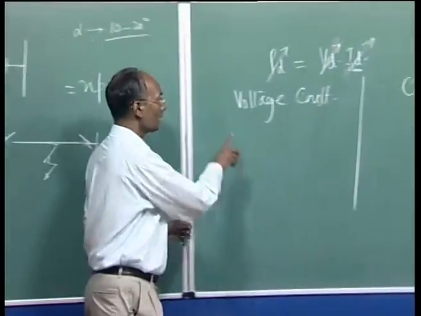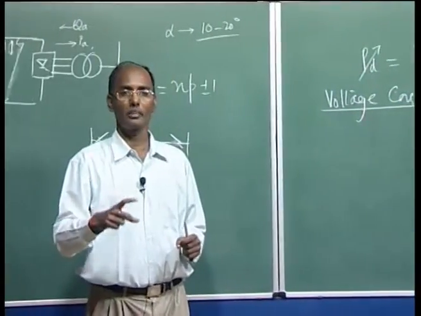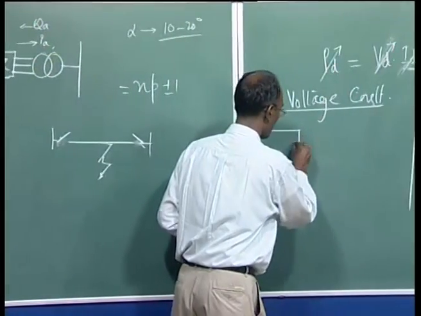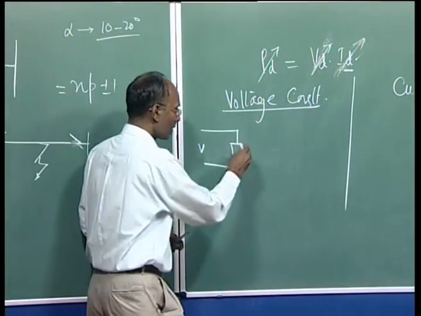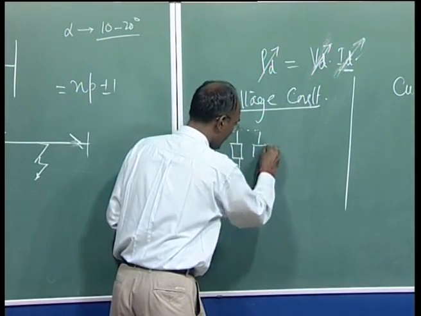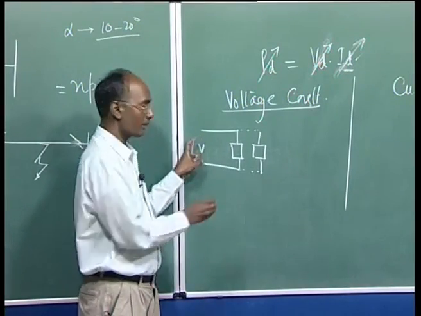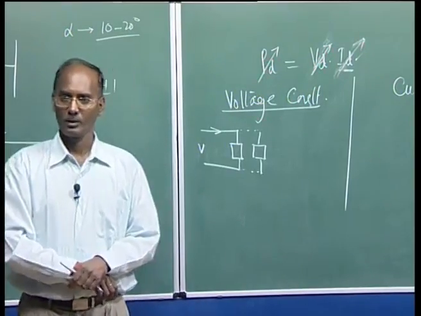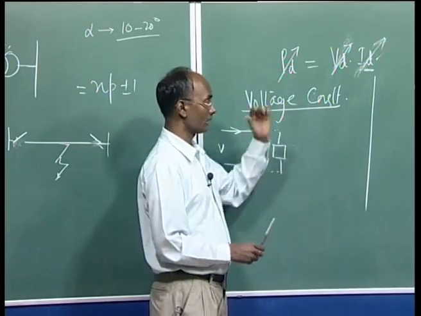So in the constant voltage mode, you have to connect your loads or supply systems in parallel. For example, if this is your V and you have any load, you have to connect it in parallel to this. The voltage is fixed, but the current drawn is different. So all the loads are connected in parallel in this scheme.